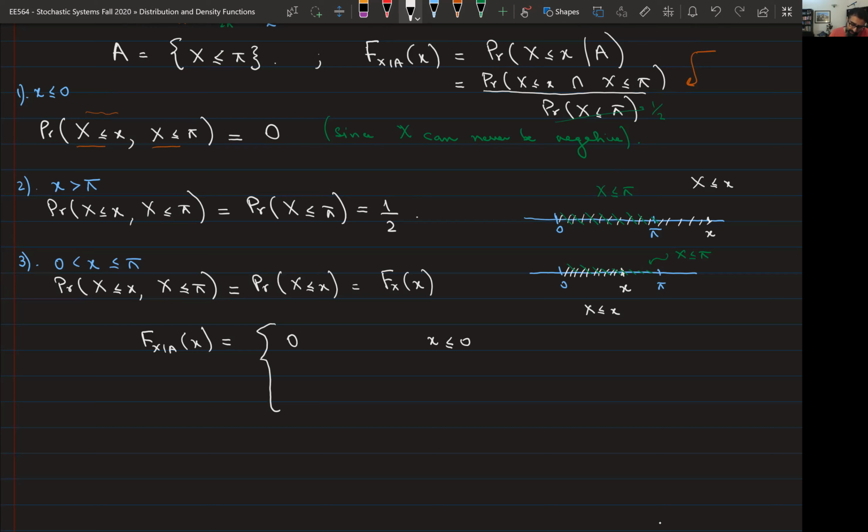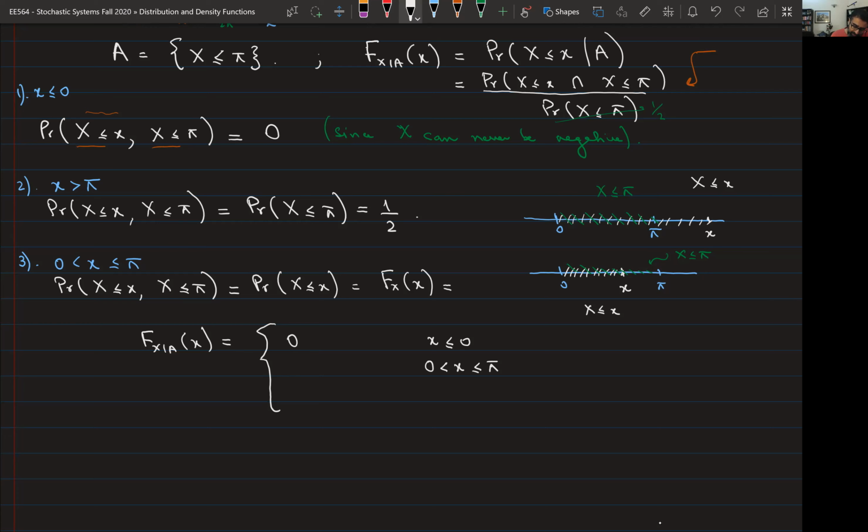What about the second case? Where the second case is when 0 is less than x is less than or equal to pi. Right? What will come here? So this is f x of x times 2. And let me plug in what fx of x was. Remember, fx of x was 1 upon 2 pi x. Right?